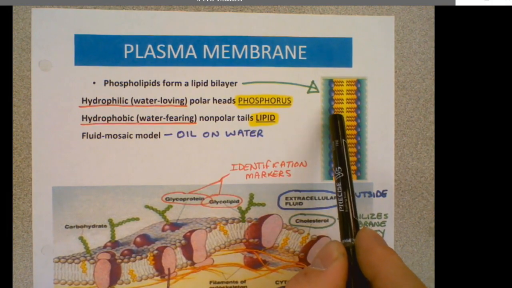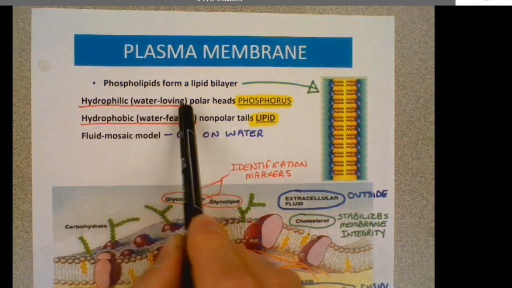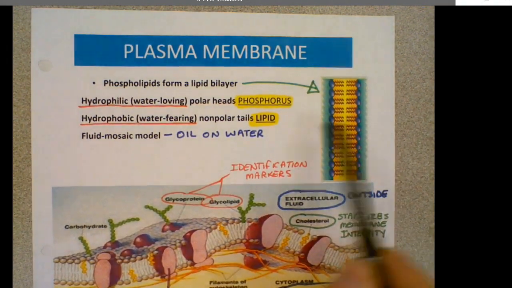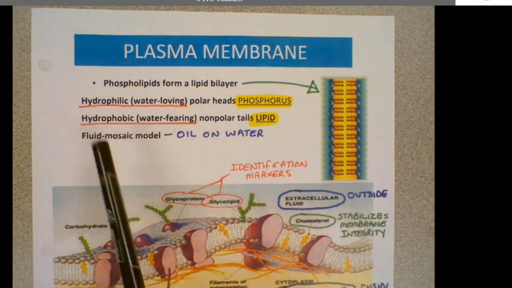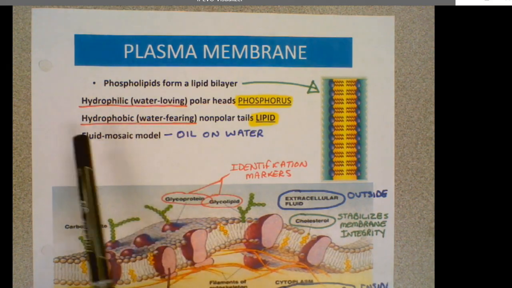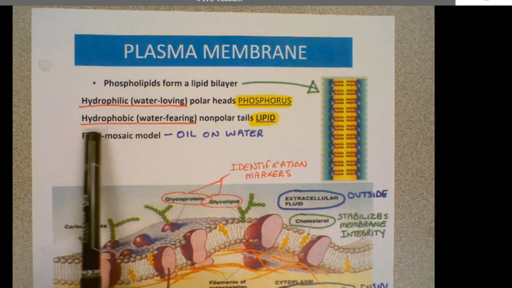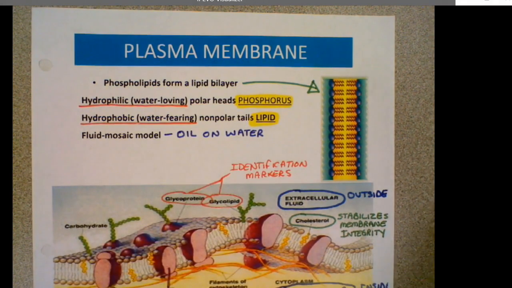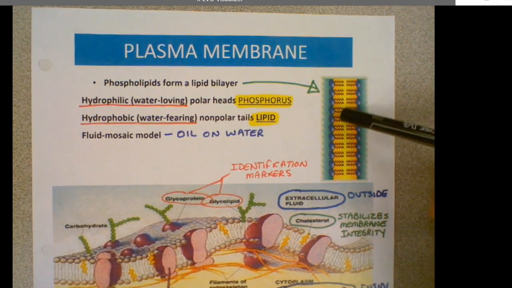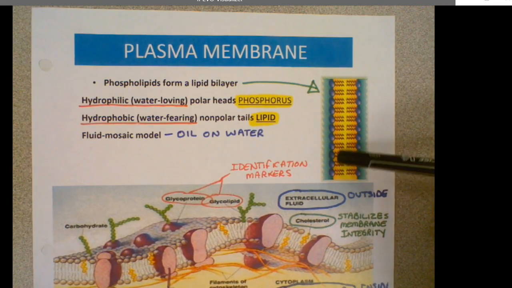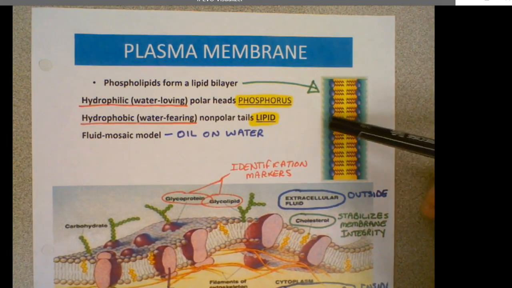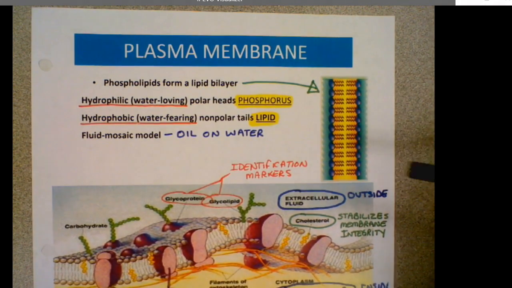So these hydrophilic water-loving heads are oriented towards the water. Then we've got this fat lipid tail that is hydrophobic. They don't like water, and they orient themselves away from the water as much as possible, so they point inward. So we have a layer on each side with these hydrophobic tails pointing in.